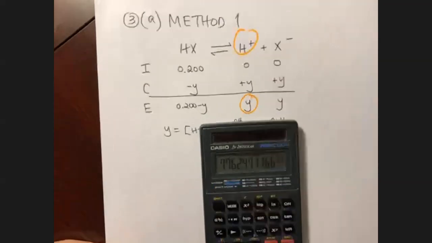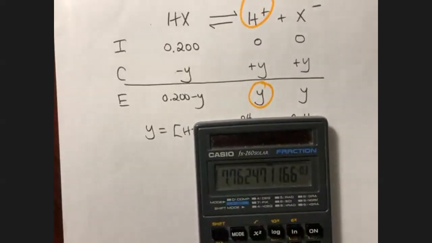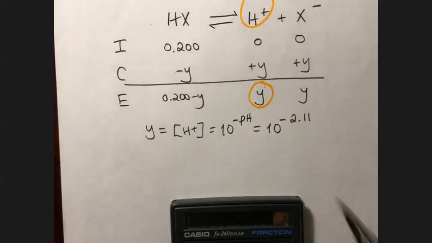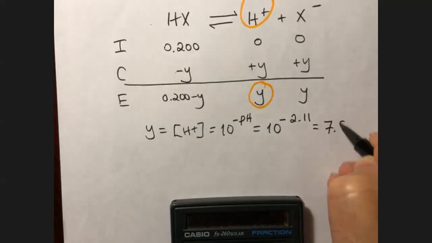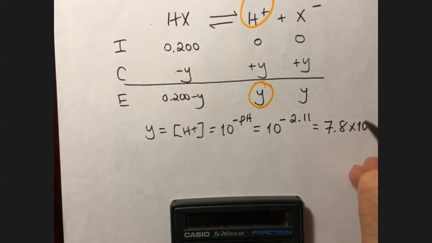Let me zoom a little bit there. Here you go. Times 10 to the negative 3, right? So let's say 7.8 times 10 to the minus 3. Because this has 2 decimals, that means it should have 2 sig figs. So essentially that is the molarity of hydrogen ions in here.